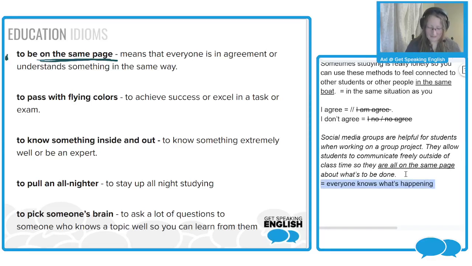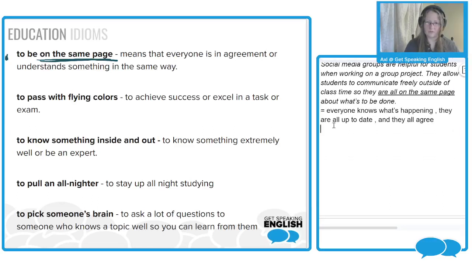They're all up to date, and they all agree about what's happening with the project, right? So if we're all on the same page, we're all on board, we're all equally knowledgeable about things that are happening. Okay, great.